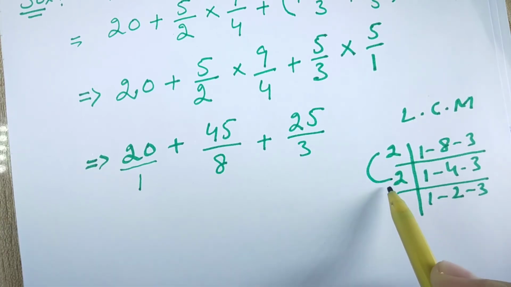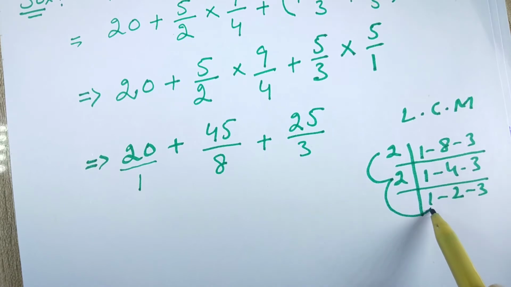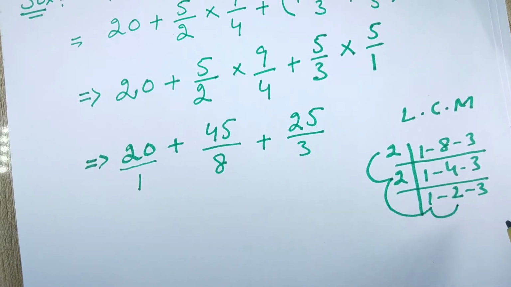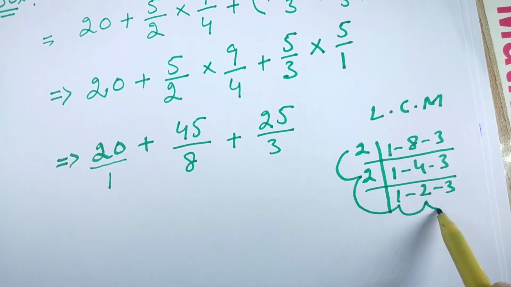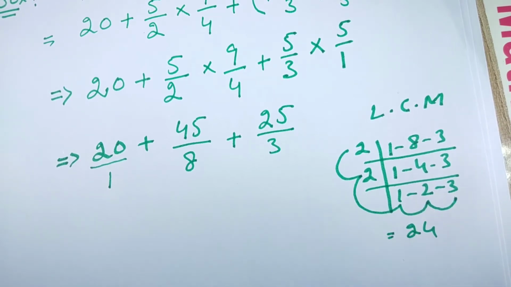Now 2 multiplied by 2 is 4, 4 multiplied by 1 is 4, 4 multiplied by 2 is 8, 8 multiplied by 3 is 24. So the LCM is 24.